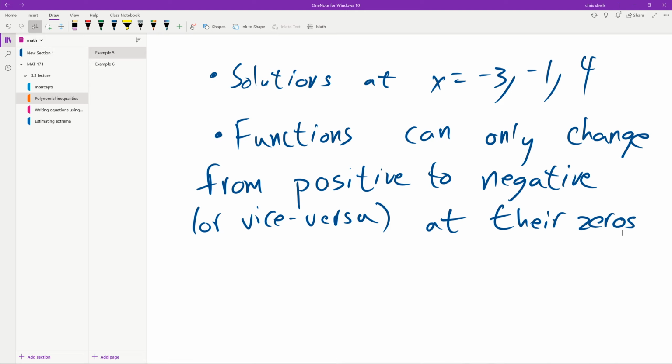So I'm going to divide these inputs into 4 intervals.